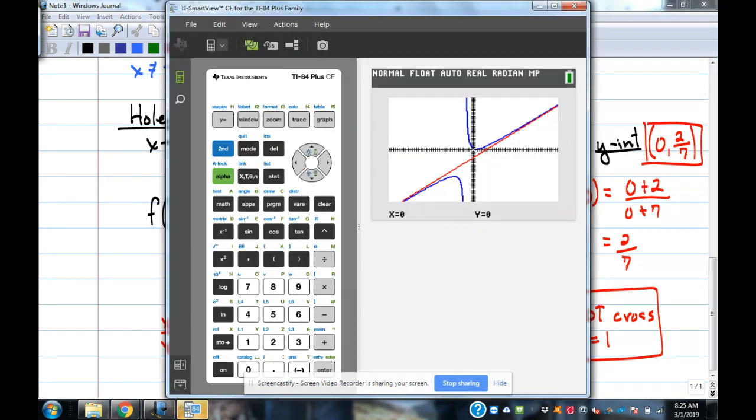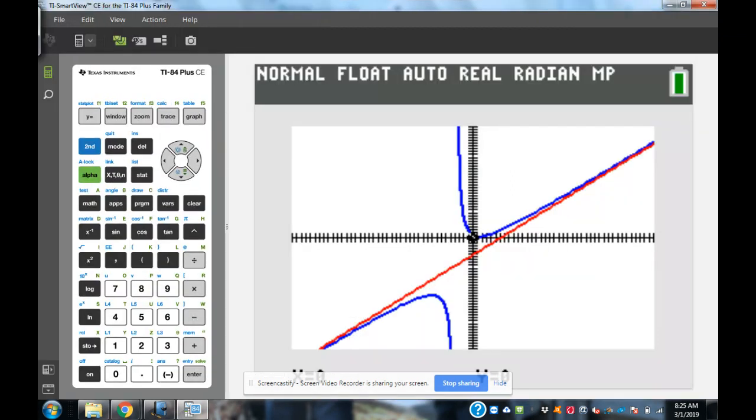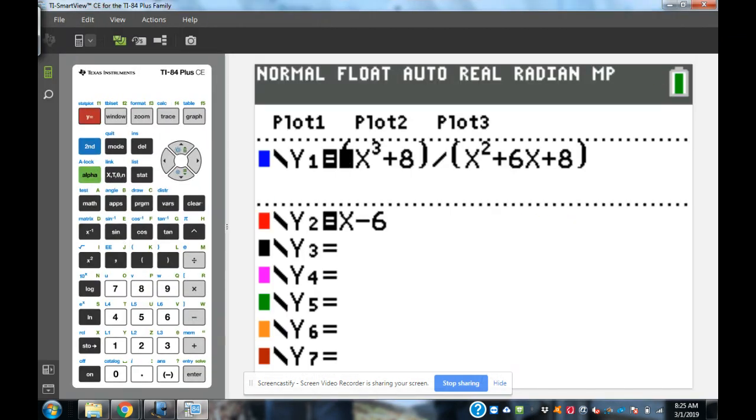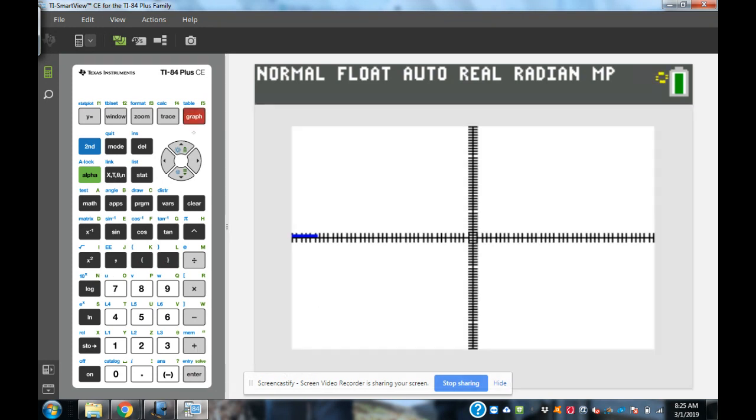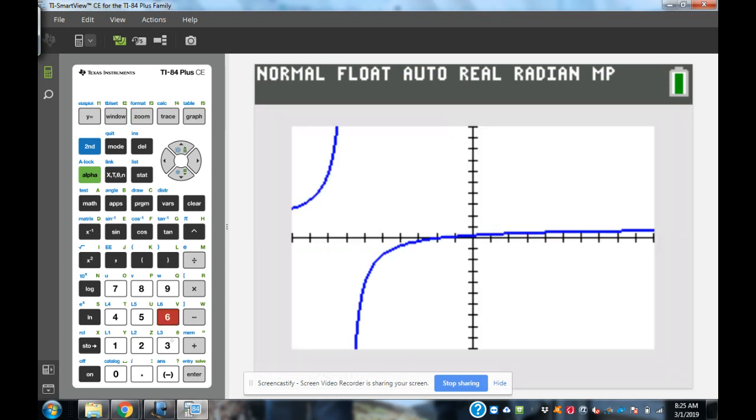Let's look at the graph of this function. Let's see what it looks like and try to find some of those pieces. Okay, I'm just going to go to the simplified version, (x + 2)/(x + 7), because it's quicker to type in. And I'm zoomed out. I'm going to hit zoom 6, and then I'm going to go back.